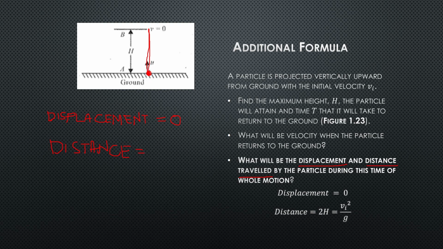From initial going up, that is 1h, then going down, so twice the h. But then, what is h? Initial velocity squared all over 2g.